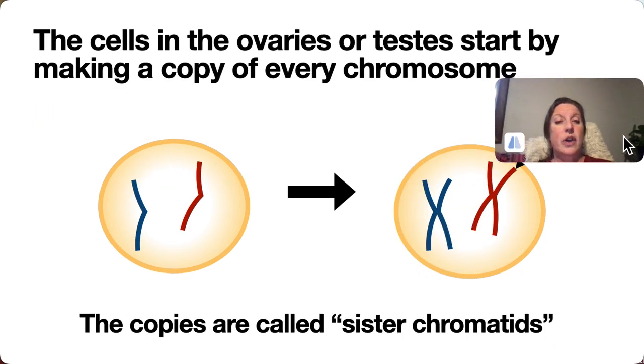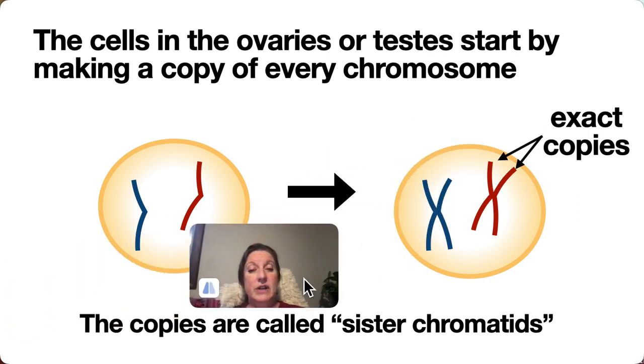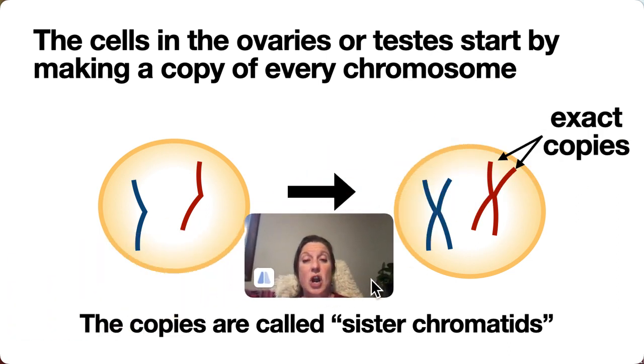Okay, so the cells in the ovaries and testes start by making a copy of every chromosome. This is so that we can get more bang for the buck. We can produce more cells with each cell division. So this chromosome makes a copy of itself, which is here.